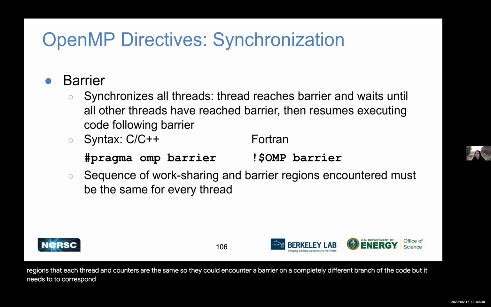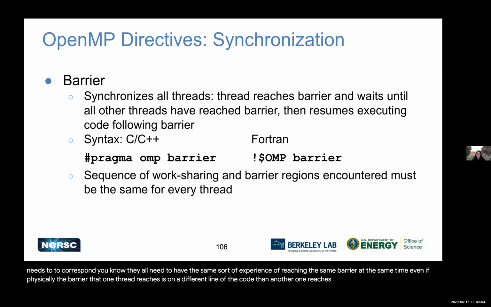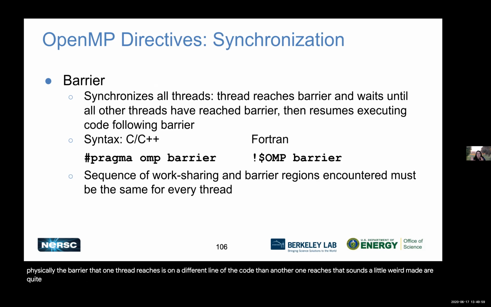They all need to have the same experience of reaching the same barrier at the same time, even if physically the barrier that one thread reaches is on a different line of the code than another one reaches. That sounds a little weird. You may not quite understand what I'm saying, but anyway, that's the idea.